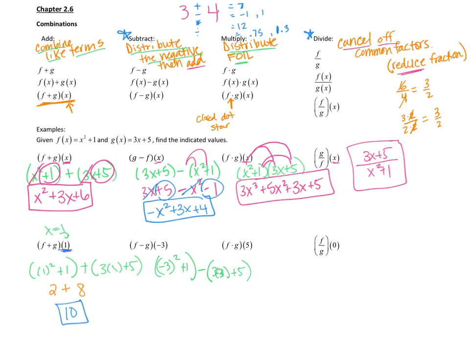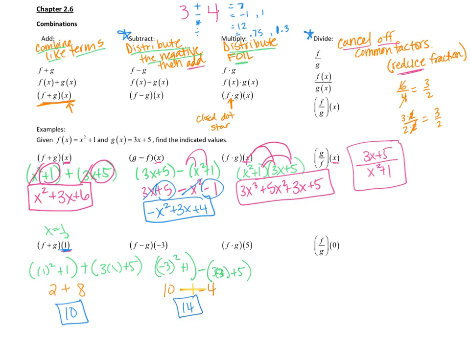So again, I'm plugging in that value for every x. So I'm going to simplify my first set of parentheses. -3 squared is 9. 9 plus 1 is 10. -3 times 3 is going to be -9 plus 5 is going to give me -4. So then I'm going to combine those together. So I'm going to make that into a plus because we've got minus and negative. So my final answer would be 14.